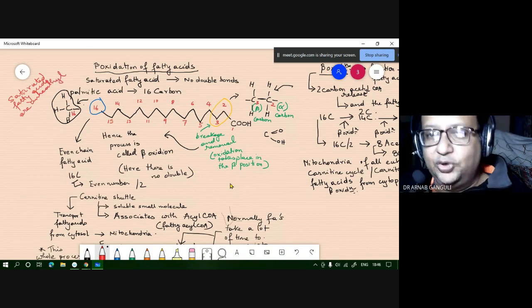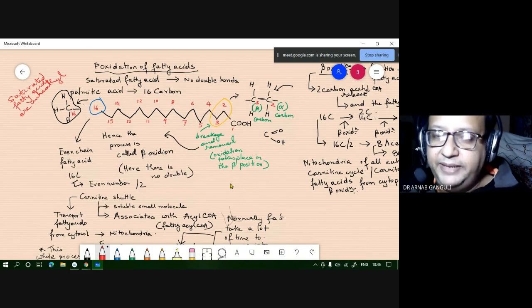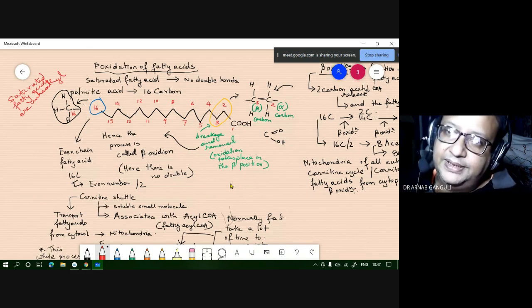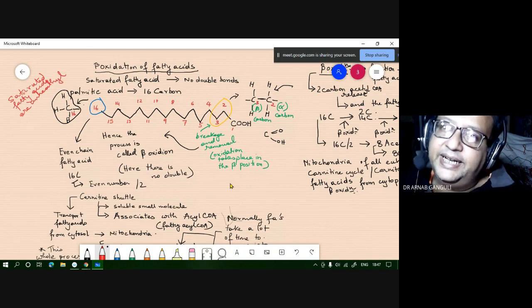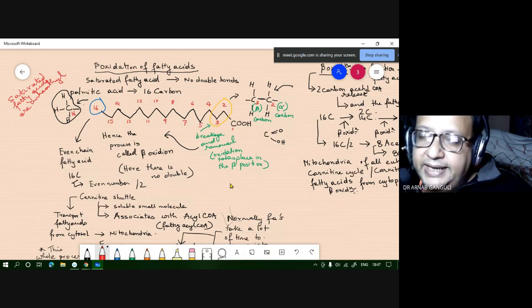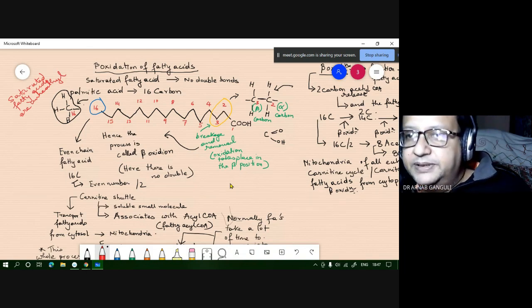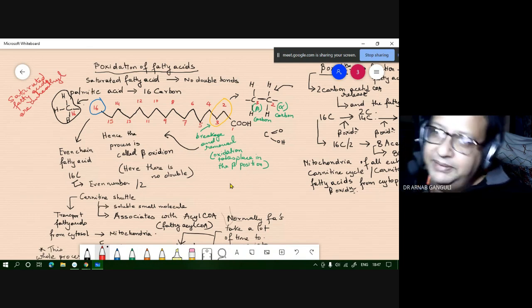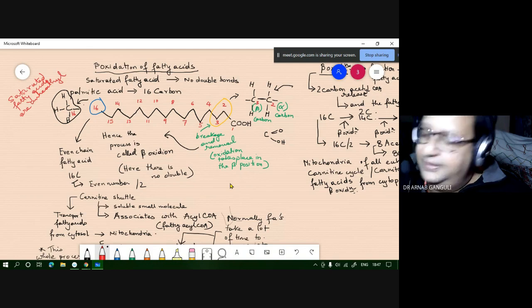Why? Because there is no double bond. No double bond means no kinks. It doesn't turn. So this is essentially like a trans fat. But the moment you have a double bond, and it becomes a trans configuration, immediately this is very, very harmful.